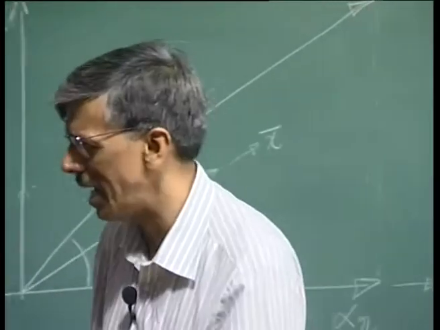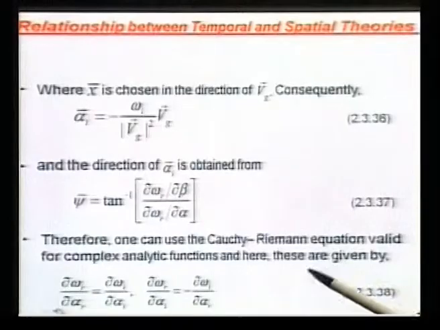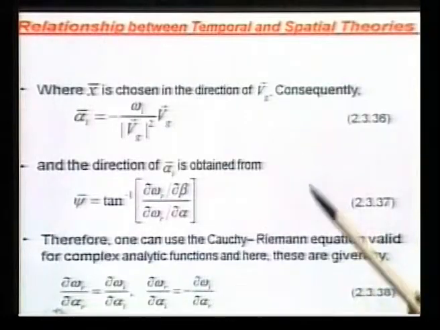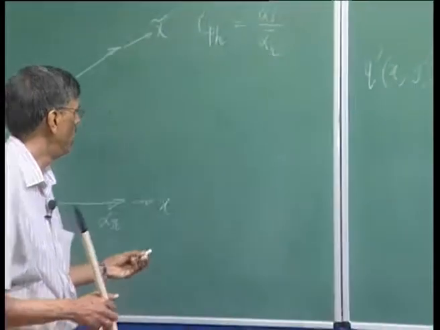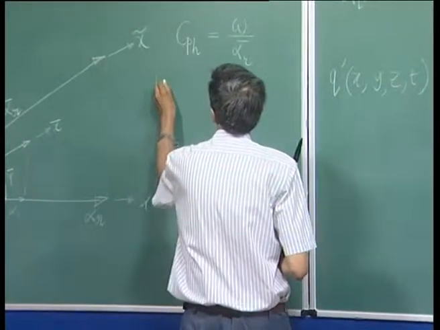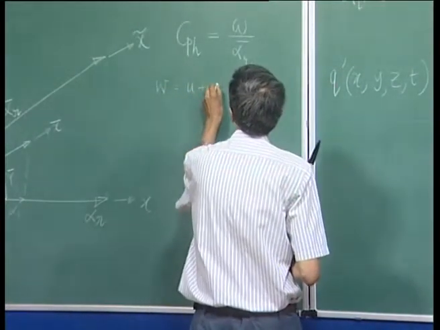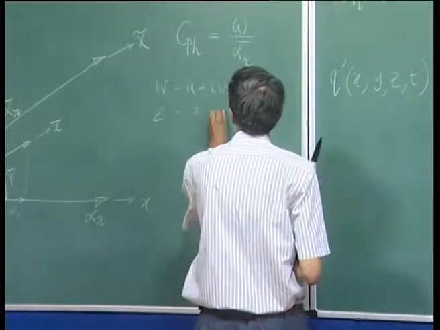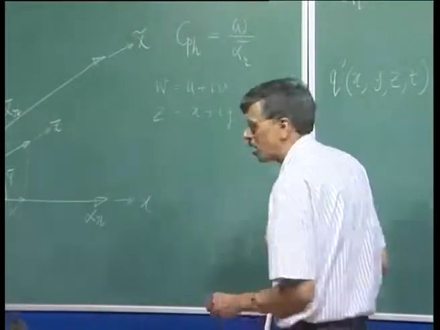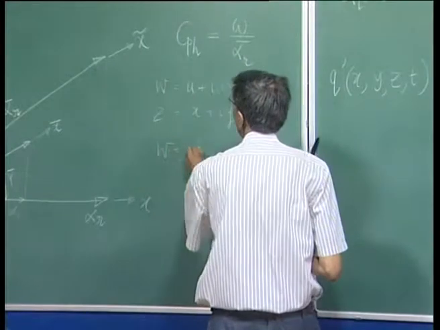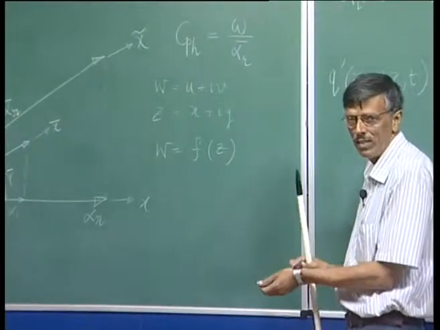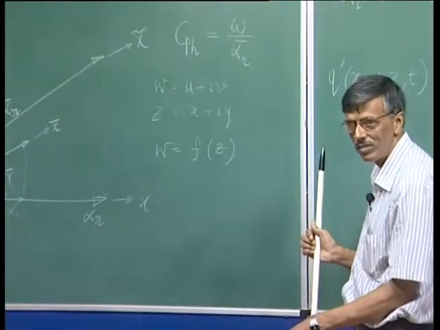If I have that, I could write down the Cauchy-Riemann relation. I do not know if you recall, that is what we do. Suppose we write W equal to u plus i v, and then we write Z equal to x plus i y. Then we talk about omega being a function of Z, and for the derivatives to be analytic, we get the Cauchy-Riemann relation. How do you get that?